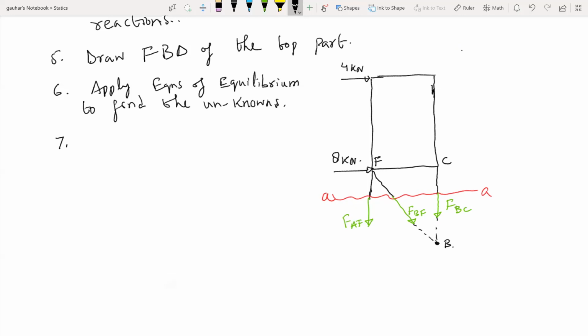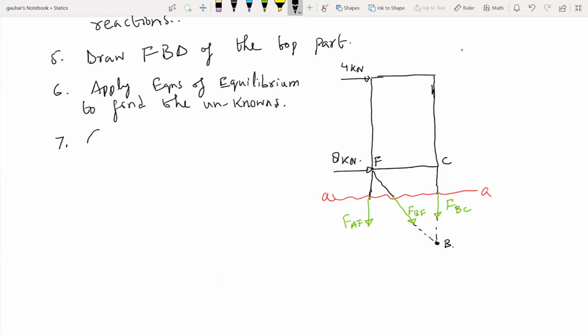So if you look at the free body diagram, it's good to take the moment at point B, right? Because if we take moment at point B, FBC is gone, FBF is gone, and the only thing left is FAF, which is creating moment at point B, right? And also the 2 other external forces. So we can easily find FAF.